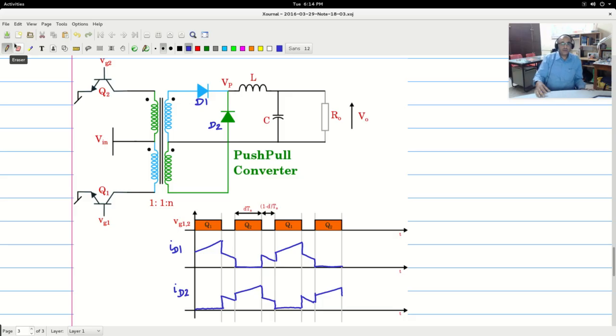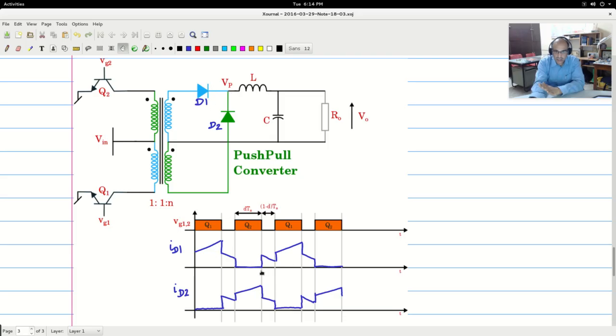So this is how the push-pull converter will operate. Now you will see that it is very easy to understand the half bridge and the full bridge. The whole of the secondary part is exactly the same. There will not be any change in the secondary part of the converter, whether it is push-pull, half bridge or full bridge. The operation is also exactly the same.